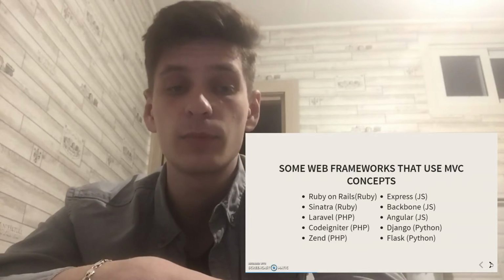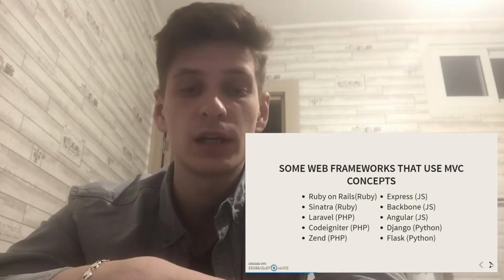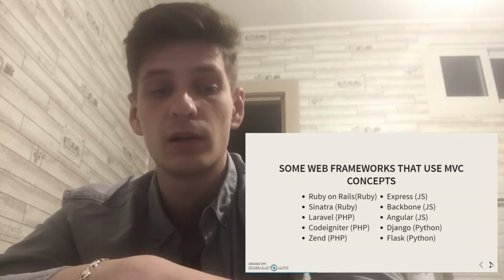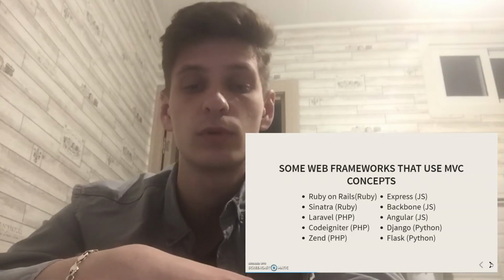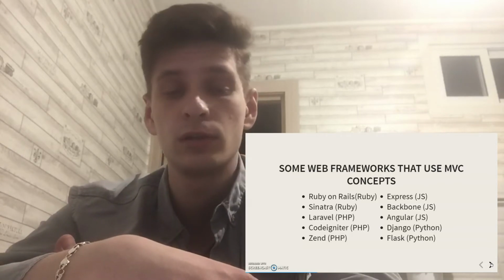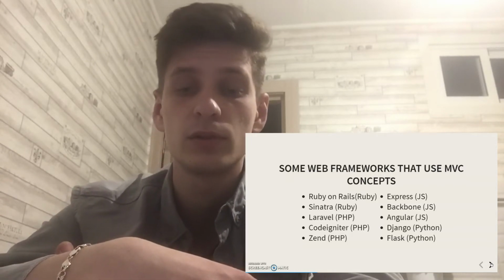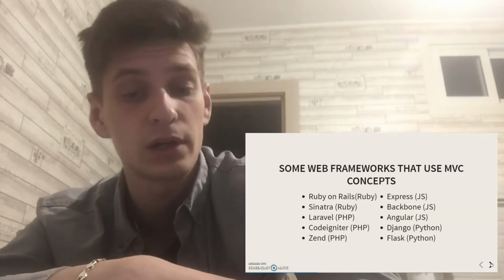A good example of that would be something like Ruby on Rails or CodeIgniter. These frameworks actually have folders in their structure called models, views, and controllers. Then something like Django for Python just borrows certain concepts, but doesn't have that strict folder structure.